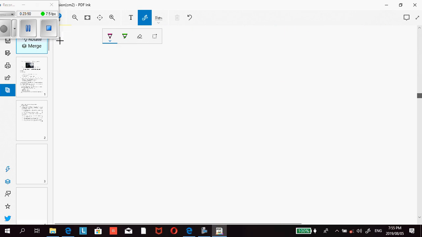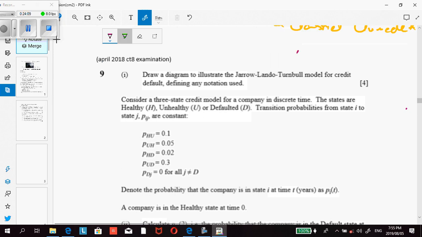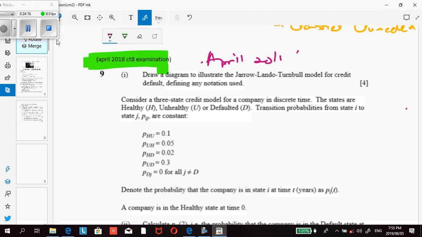Now, our last question of our revision, again, deals with something which is very important. This question deals with the application of the Jarrow-Turnbull model. It is taken from the April, this is not 2018 if I remember rightly, it is April 2017 examination.